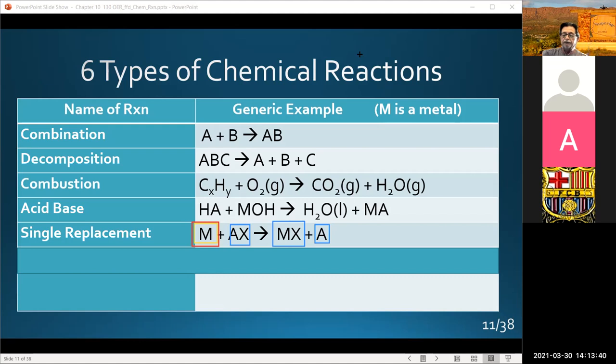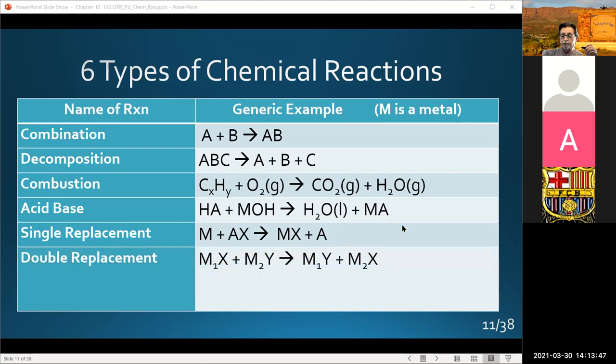All right, and then finally, the double replacement reaction, which is an example of what we just did with the nitrate and the sulfate. Remember that one? Notice here we have two reactants, two different metals given subscript 1 and subscript 2.